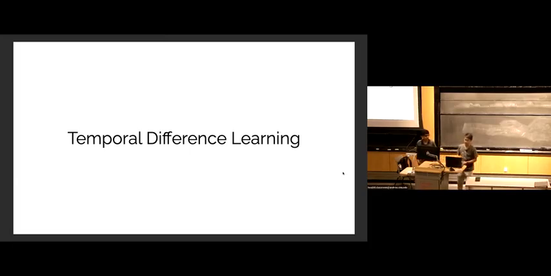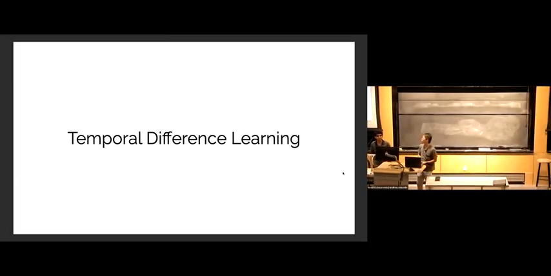If no one has any questions about the Monte Carlo method, I will discuss temporal difference learning. So the Monte Carlo method is unbiased, but it can sometimes have some limitations. It assumes that the trajectory should be terminated, otherwise it will not work because we need to sample the whole trajectory for the Monte Carlo method.